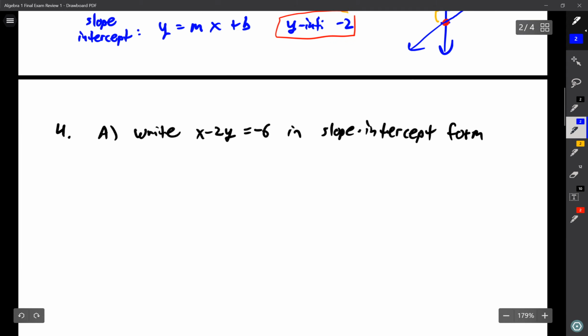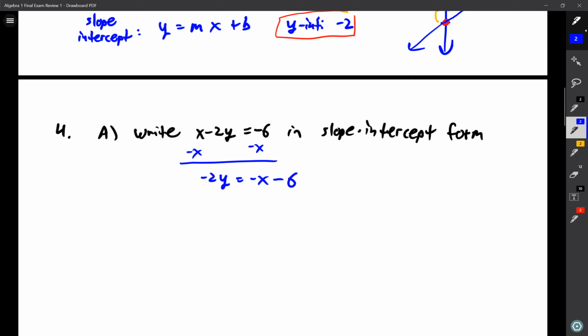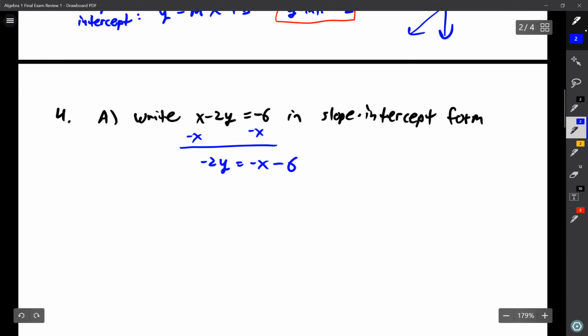So I just need to get this as y equals. In other words, I need to solve for y. So I am first going to subtract x from both sides. So that will give me -2y equals -x minus 6. I put the x chunk first because that's how slope-intercept does it. Then I need to divide everything by a -2.